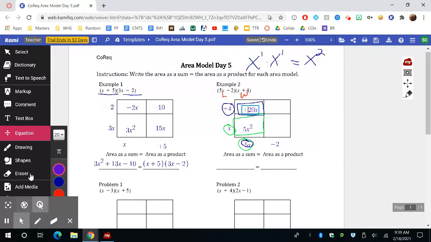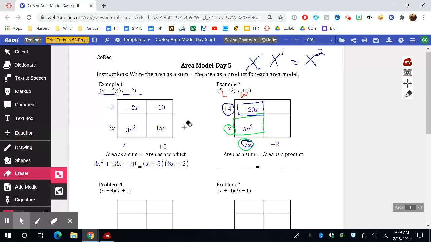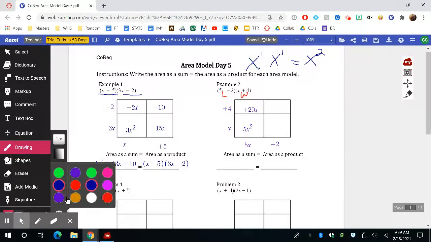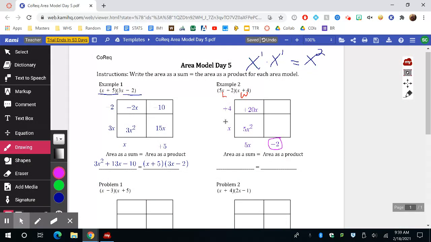Okay, now let me move on to the next part. So negative 2 times x gives me what I need to put on this box, and let me erase all of this because it's getting a little bit confusing with all this color. All right. Now, negative 2 times x gives me what I need to write inside this box.